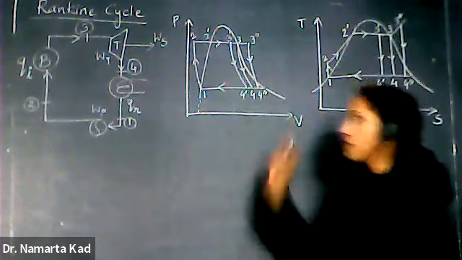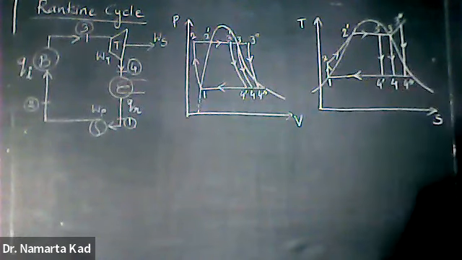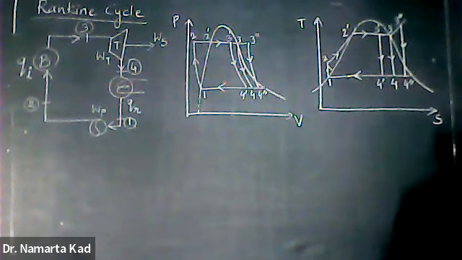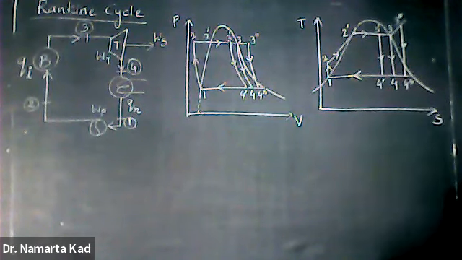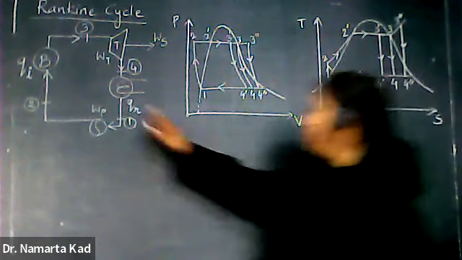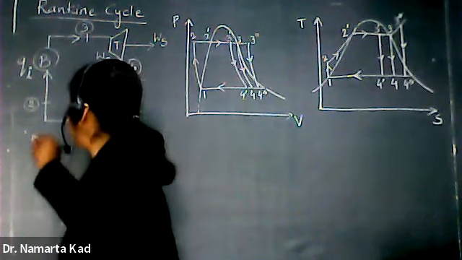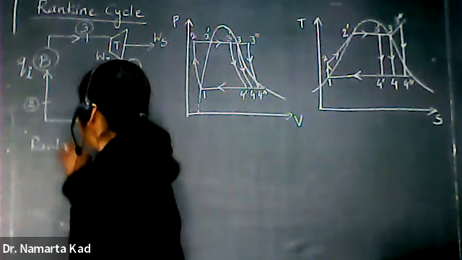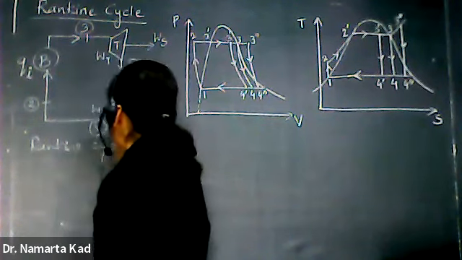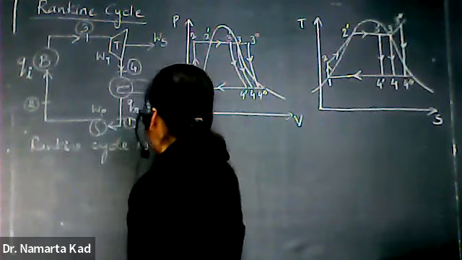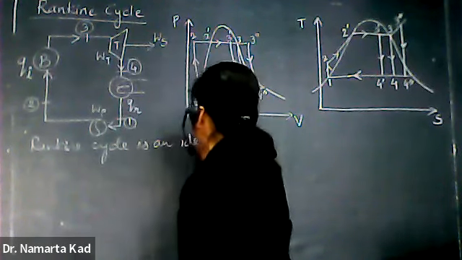Let's start with the different stages and their special processes in the Rankine cycle. Firstly, the Rankine cycle is an ideal reversible cycle for steam power plants, corresponding to the Carnot cycle.